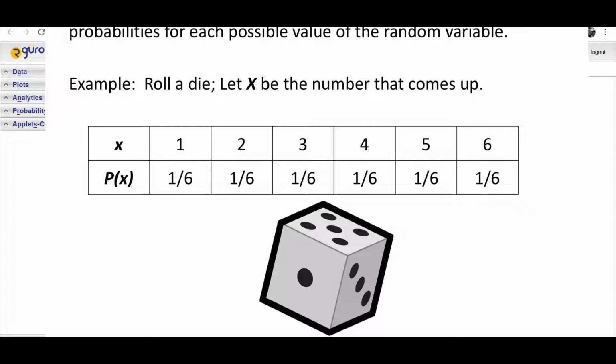And 6 is 1/6. They actually all happen to be the same probability. Now, the probabilities won't always be the same. It just depends on what the discrete probability experiment is. But basically that's what you do: in one row or column you list the random variable possibilities, and in the other you list their corresponding probabilities.